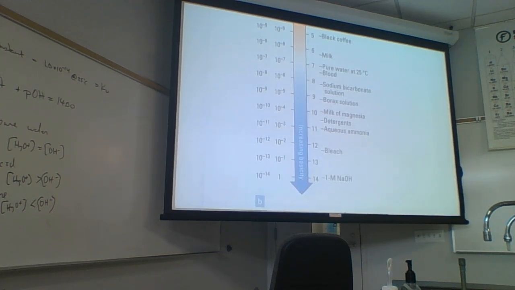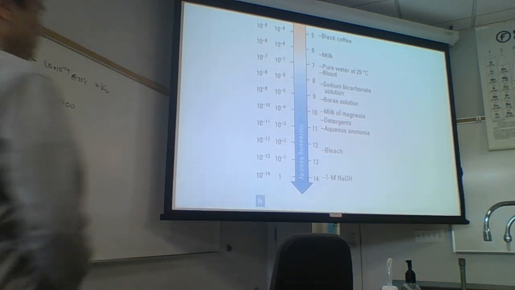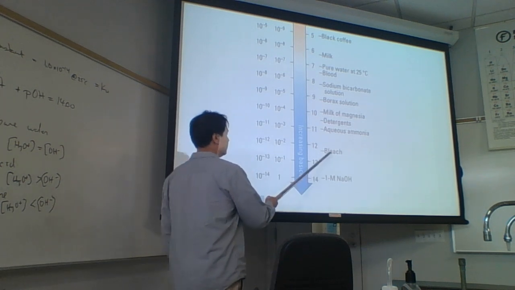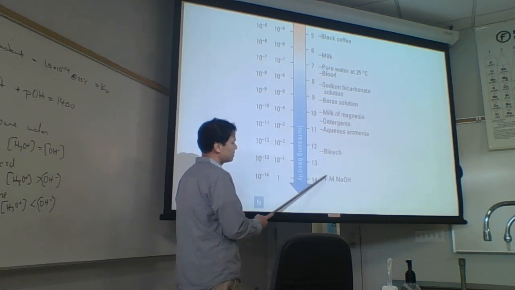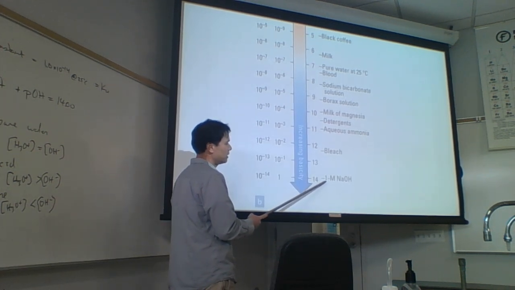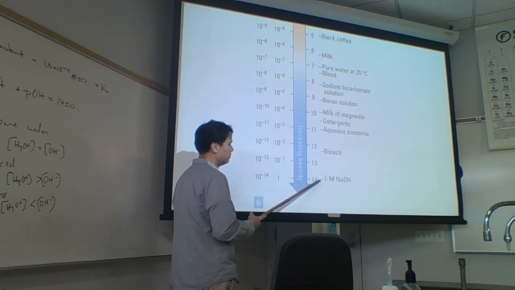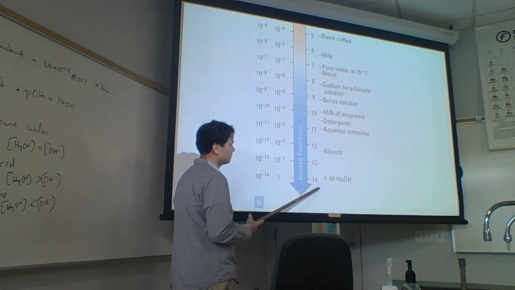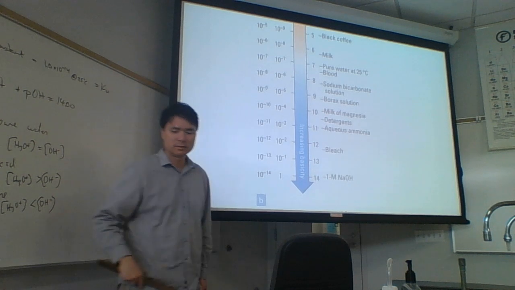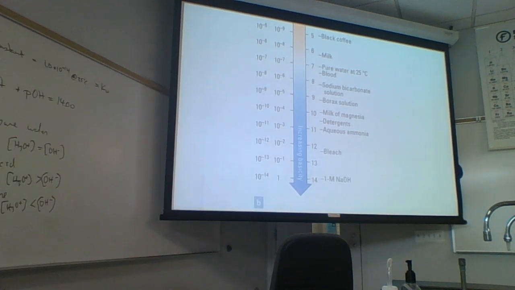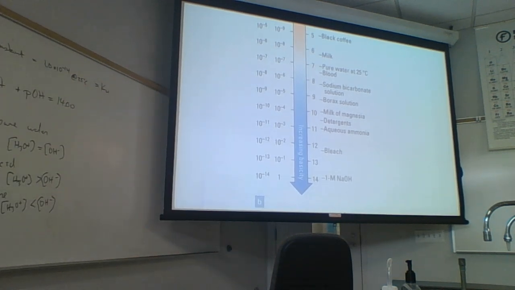Bleach, as far as the solution goes, would be considered pretty basic. Sodium hydroxide also depends on the concentration. This is 1 molar. If you go to 6 molar sodium hydroxide, it would be even more basic than this. So these are some examples of different pHs.